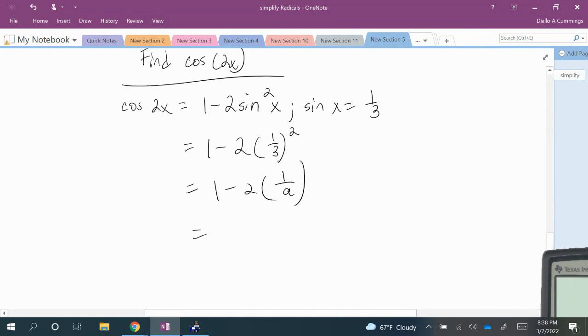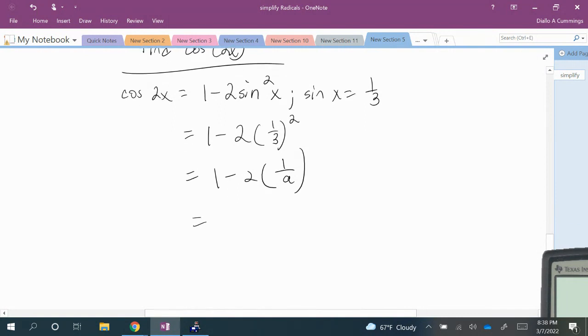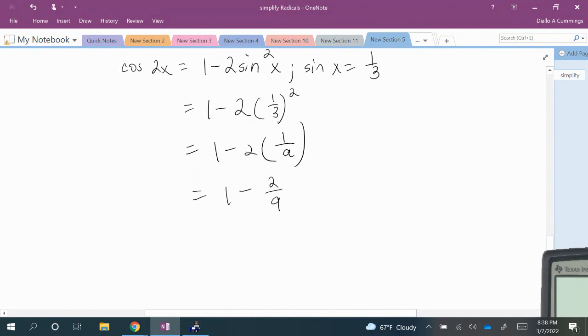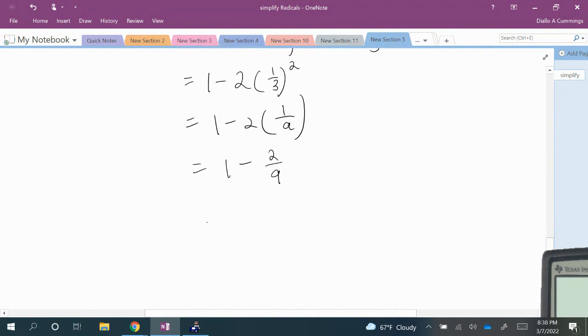The next thing, following the order of operations, is to multiply or divide, whatever comes first, from left to right. So I'm going to multiply 2 times 1/9. So I have 2/9. Now I'm going to subtract 1 minus 2/9. In order to subtract fractions, you must have a common denominator, right?